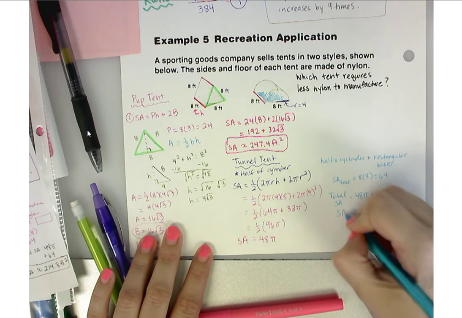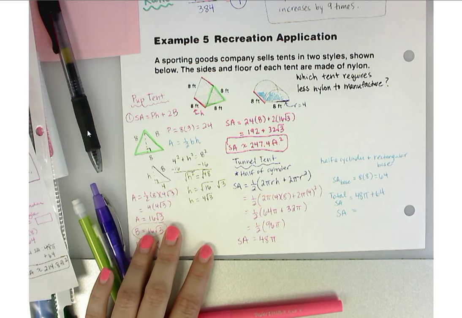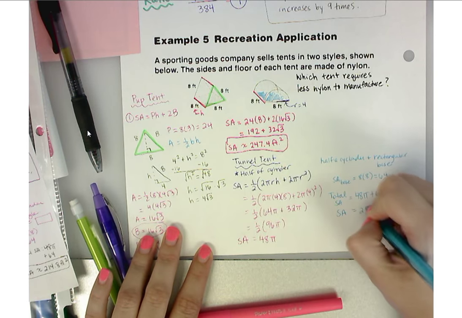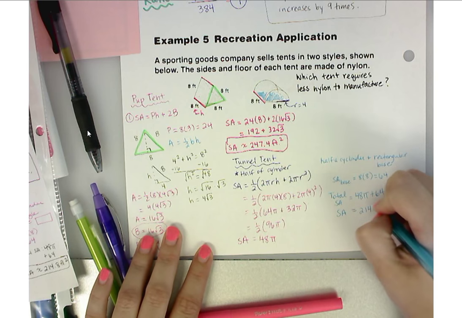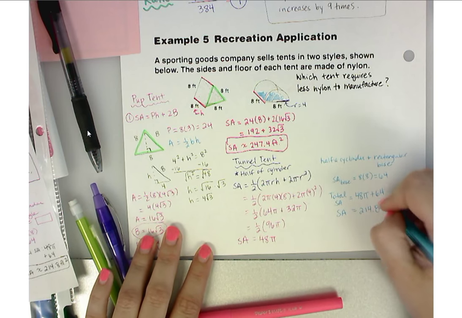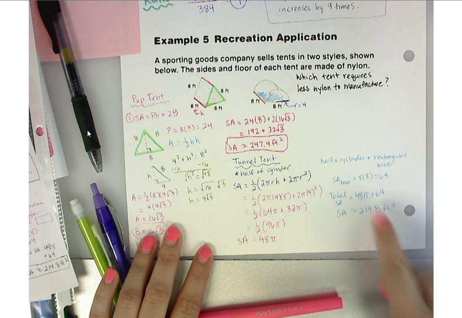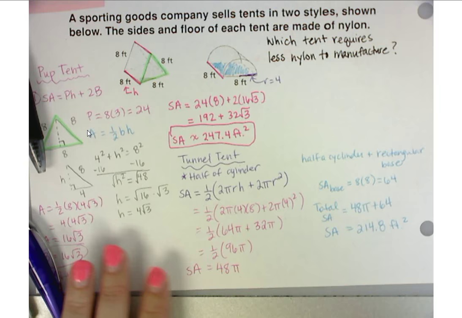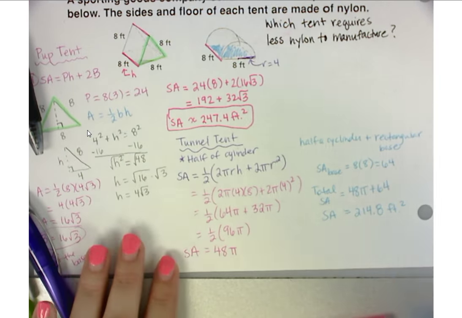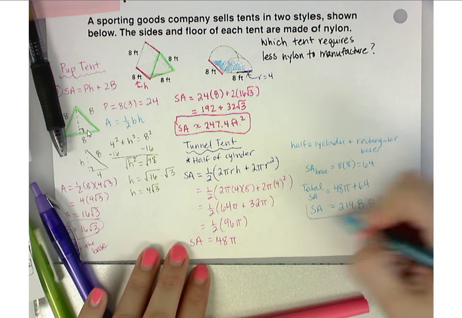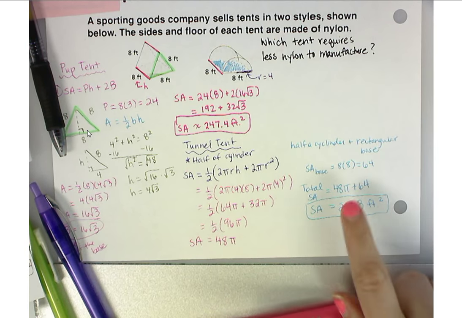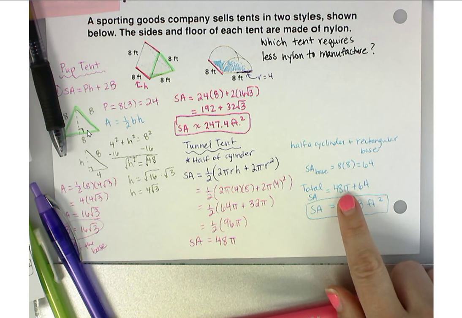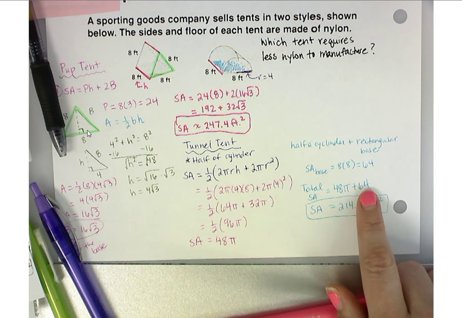Did some of you already find that? Plus the 64? What'd you get? 214.8 feet squared. Right, so for this one, you can't add the 64 and the 48 together. Why is that? One of them has pi, one of them doesn't. So you can only add them together if they both have the pi.